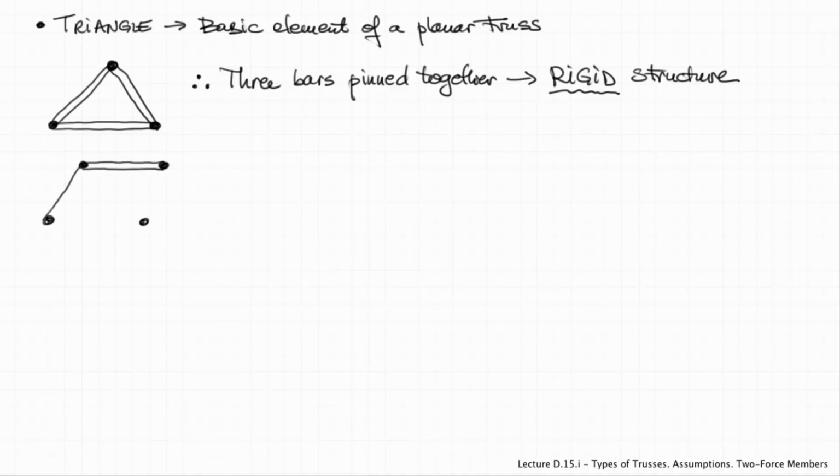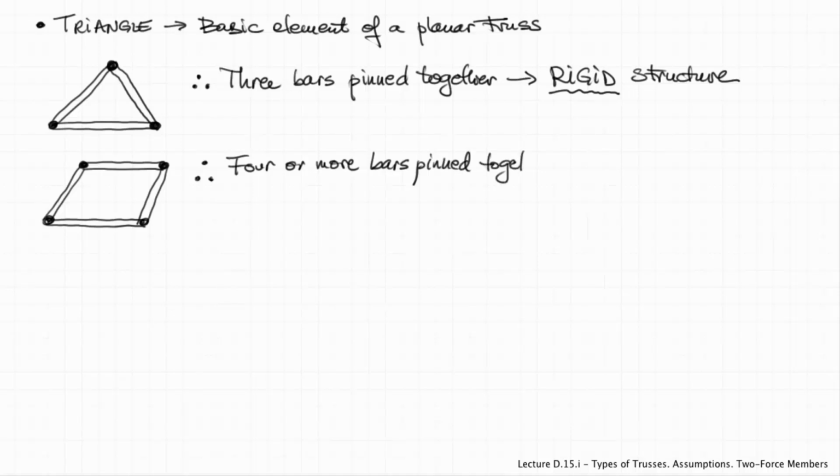Now, if we built a similar structure but with four members, say like a rectangular or a parallelogram figure like this one, well, we can see very easily that this is a deformable figure. It cannot be rigid in this configuration, and this type of figure would not be suitable to be part of a truss, because it's not rigid, obviously. Can we make this figure rigid?